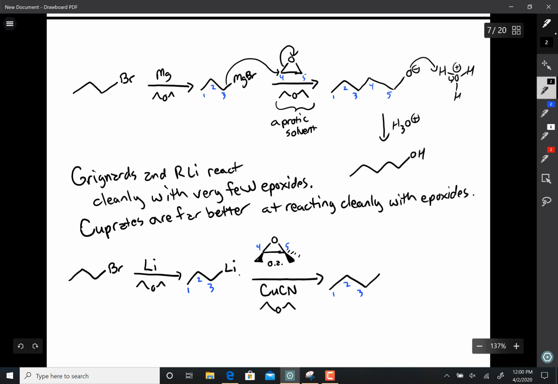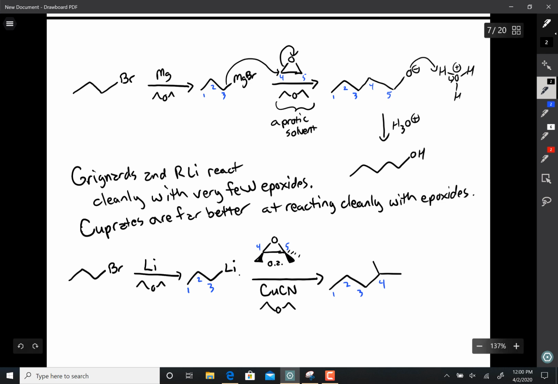That's going to be attached to one of the 2 alpha carbons. Here, the 2 alpha carbons are different. We're using a very basic nucleophile, so the alpha carbon that's attacked is the less hindered one. That's carbon 4. So that's going to be carbon 4, like so.